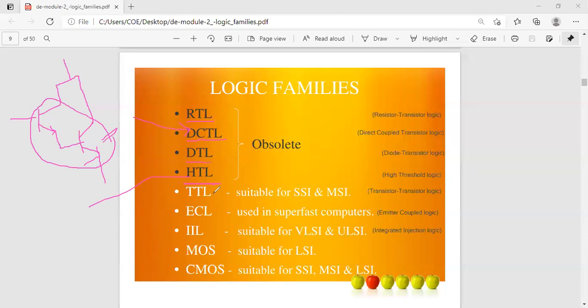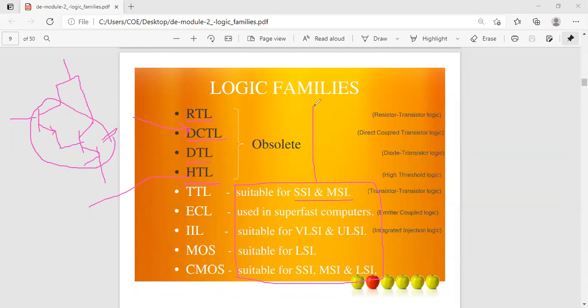Yes, again another important point that is in your competitive examination point of view. That means this particular logic is used in SSI and MSI. It means that what? SSI means small scale integrated circuits, medium scale integrated circuits.